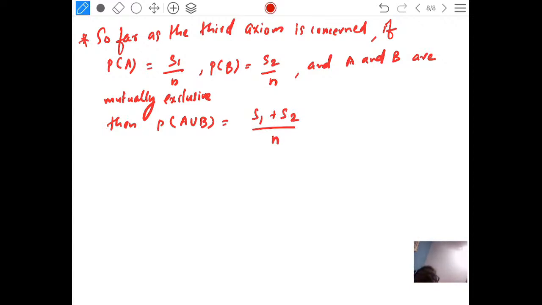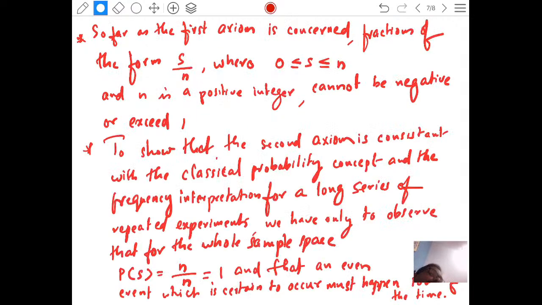So here the probability of the event A and the event B, which are mutually exclusive, contain only S1 and S2. Because P of A is equal to S1 by N, P of B is equal to S2 by N, and A and B are mutually exclusive, we can add directly these values, that is probability of A plus probability of B, as per axiom 3.